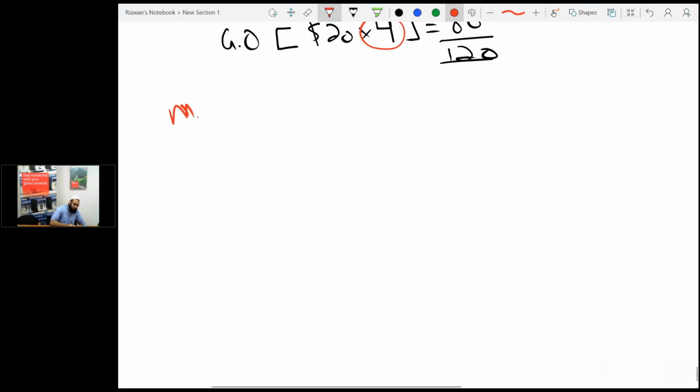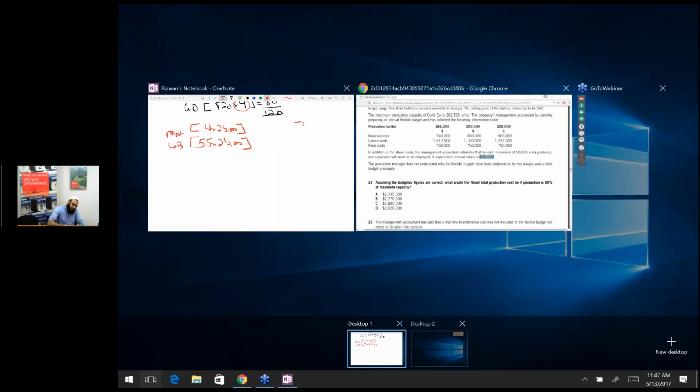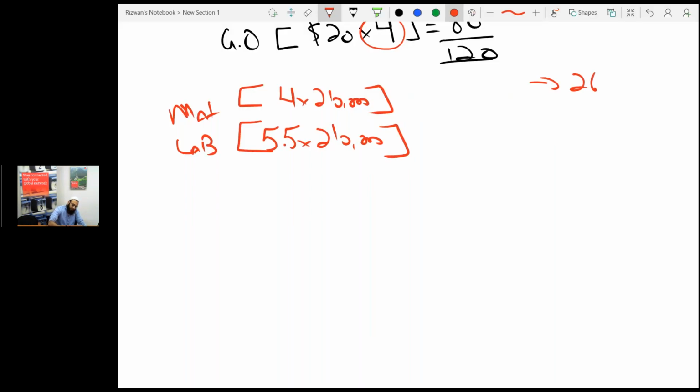Material cost, labor cost: 4 multiplied by 210, 5.5 multiplied by 210. Why 210? The total capacity on offer was 262,500. I need to take the 80% of that. So it's 210.